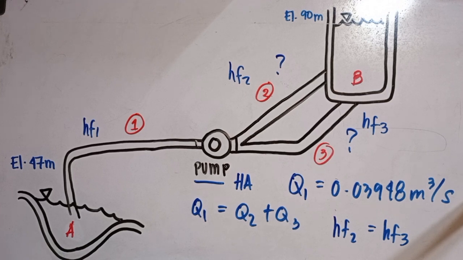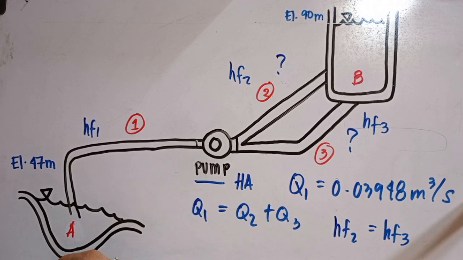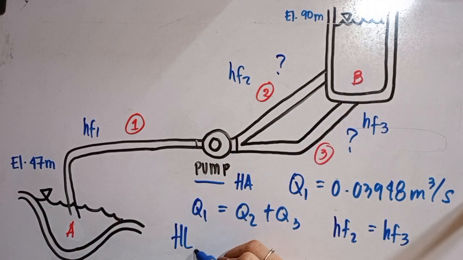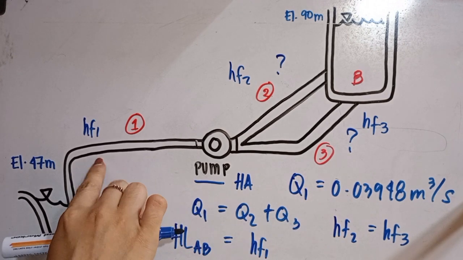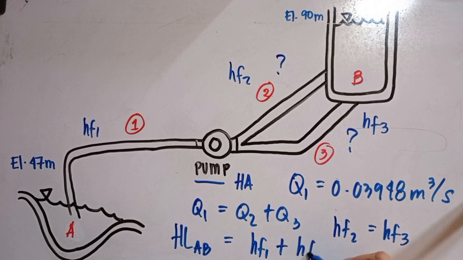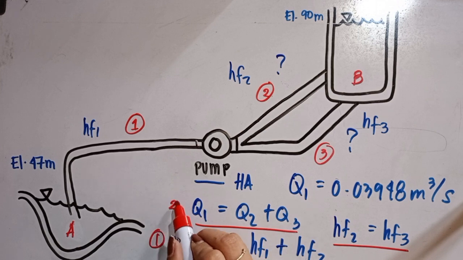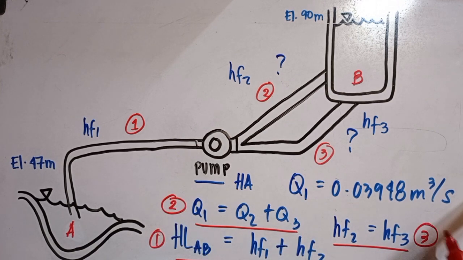And so we can say that the head loss from A to B is going to be equal to HF1 plus HF2 or HF3. It doesn't matter. Using these equations, this is equation 1, this is equation 2, and this is equation 3. We can find our head added.